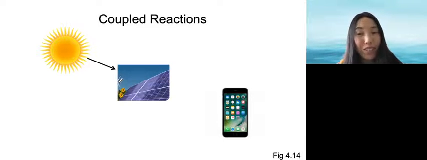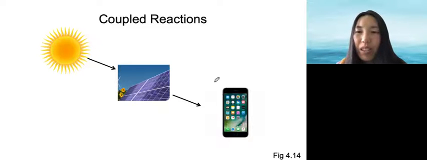Solar panels can convert the sun's energy into a battery or electricity, which then you can plug your phone into to charge. This is what we call a coupled reaction. One reaction goes first to then help the second reaction go.